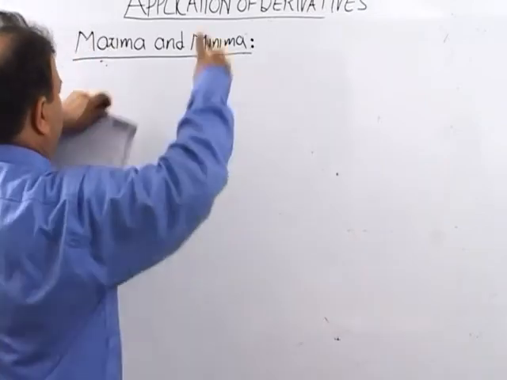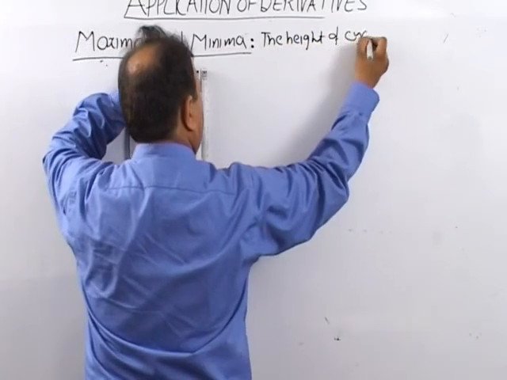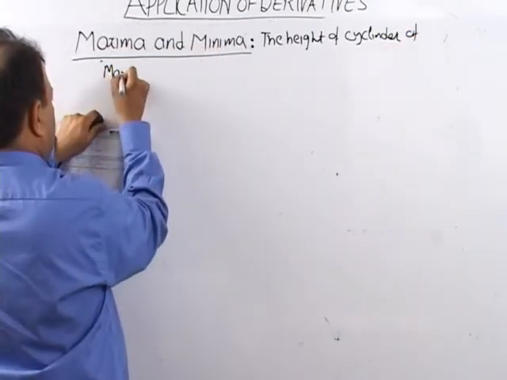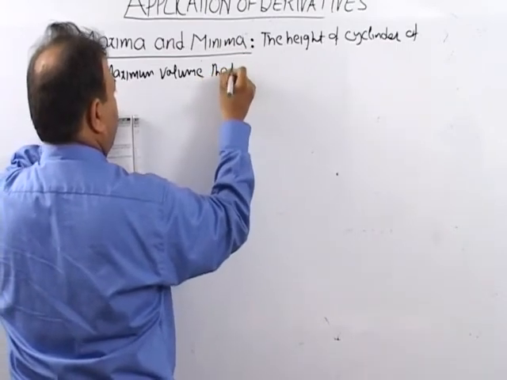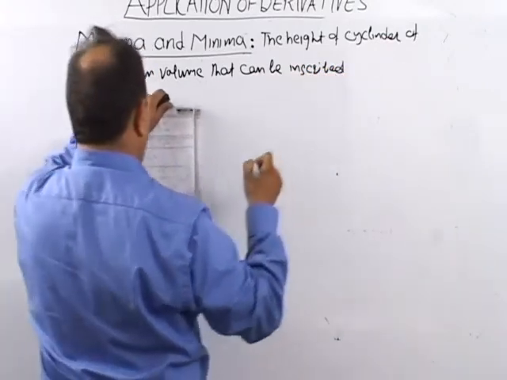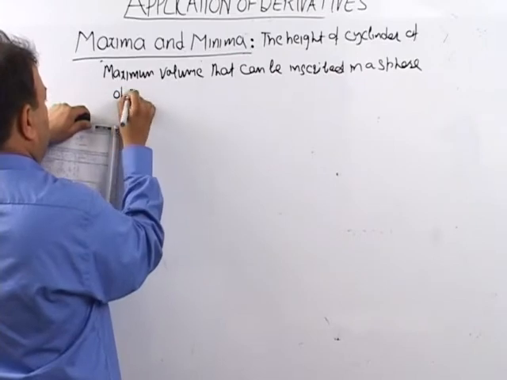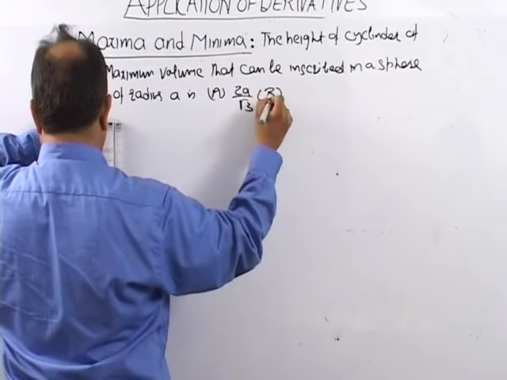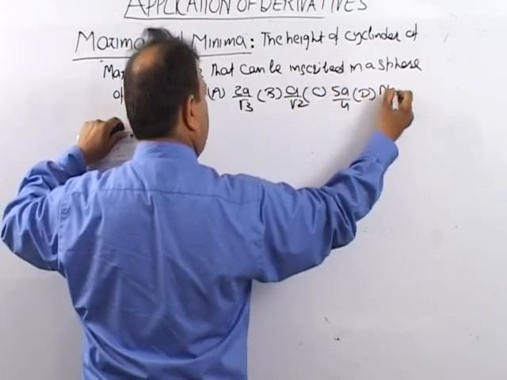The question is: the height of the cylinder of maximum volume that can be inscribed in a sphere of radius A is: A, 2a by root 3; B, a upon root 2; C, 5a upon 4; and D, none of these.